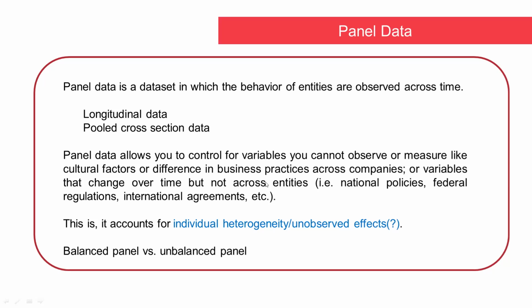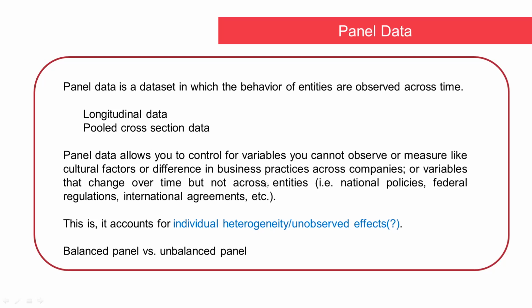You can see variables that change over time but not across entities, like national policies, federal regulations, and international agreements. This panel data is especially useful for unobserved data, so we can control them. We can track the same subject over time. Panel data can control for unobservable variables that do not change over time.